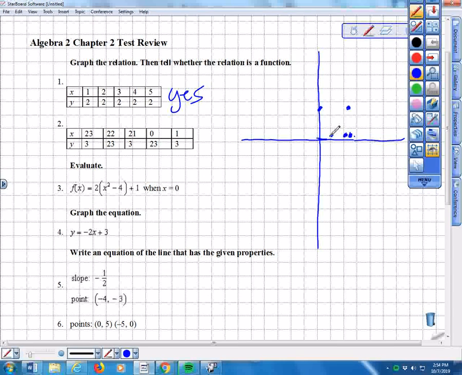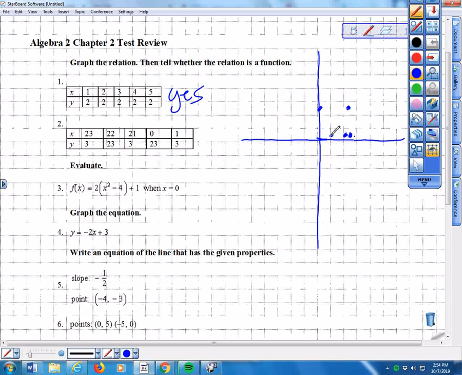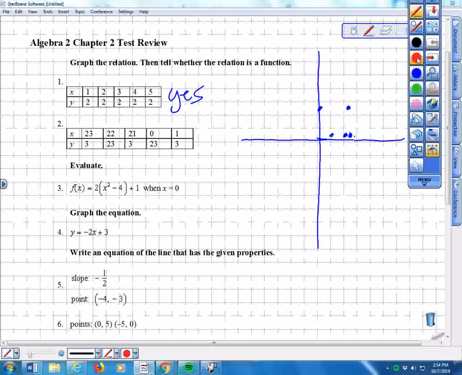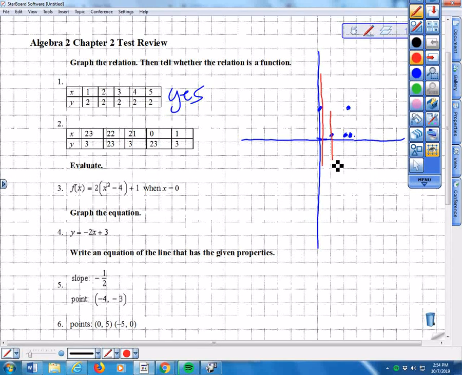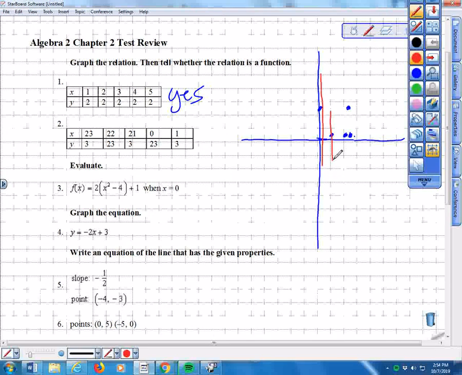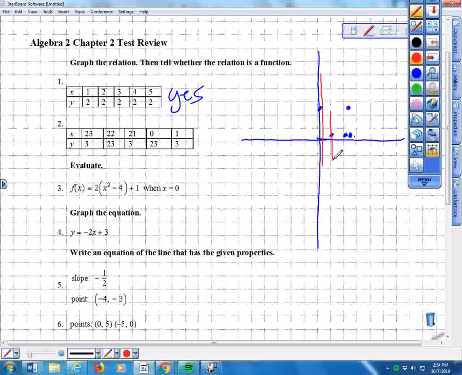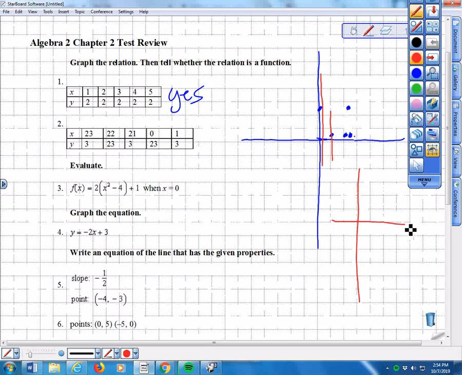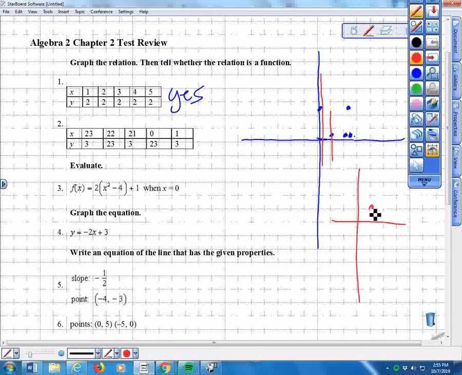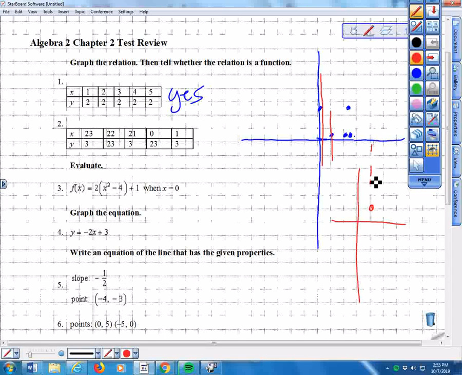Because for every x, there's only one y. It passes the vertical line test. If I put a vertical line through each of these points, it only goes through that y value one time. It would not be a function if I mapped one x to two different y values. For example, if I map 1 to 2 and 1 to 3, this will not pass the vertical line test.